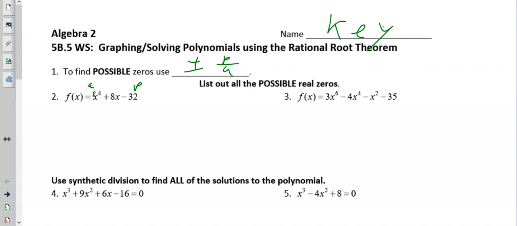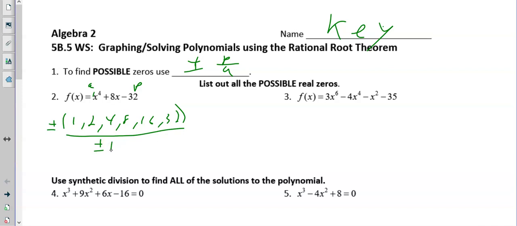All right, so we just list out, and the shortcut way of doing it is you can just write plus or minus and then put all the factors of 32. So 1, 2, 4, 8, 16, and 32, all over plus or minus 1.